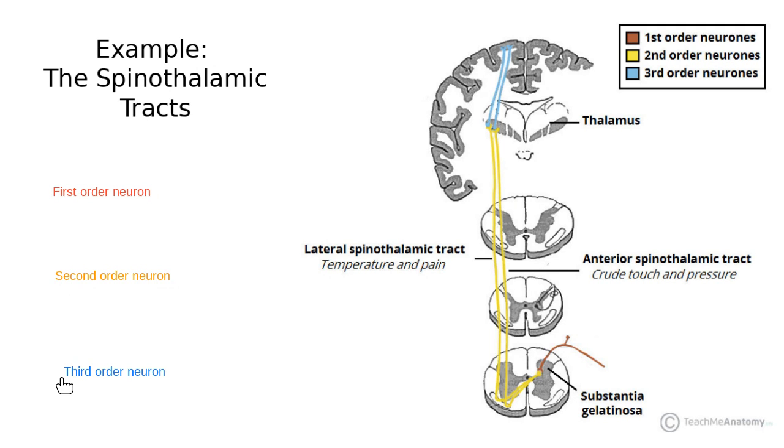Hey, if I'm talking about an ascending tract, is that sensory or motor? What are ascending tracts? Yeah, ascending tracts where I send information up, those are my ascending tracts.